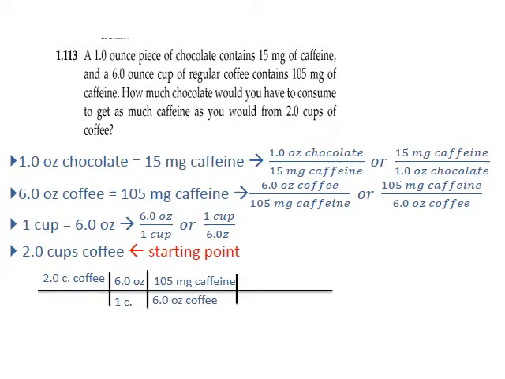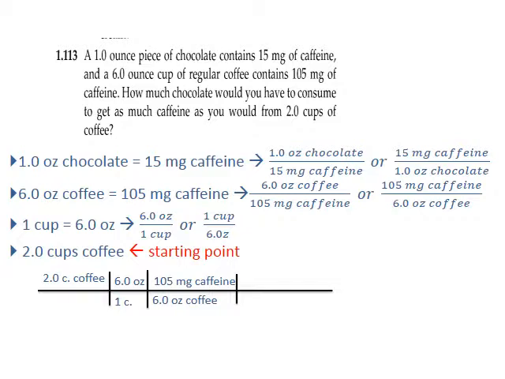So now the units have canceled for ounces of coffee, and I've gotten rid of cups of coffee. The only units that have survived cancellation at this point are milligrams of caffeine that are in that coffee. So we ultimately want to relate the milligrams of caffeine to ounces of chocolate.